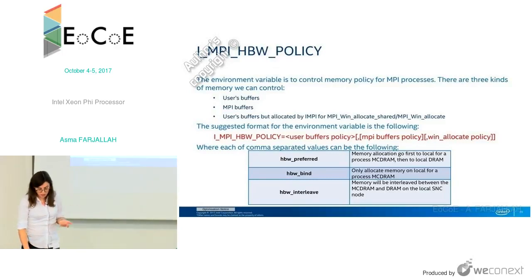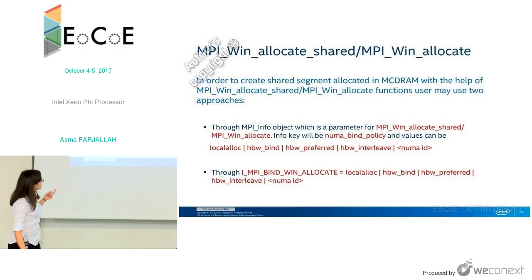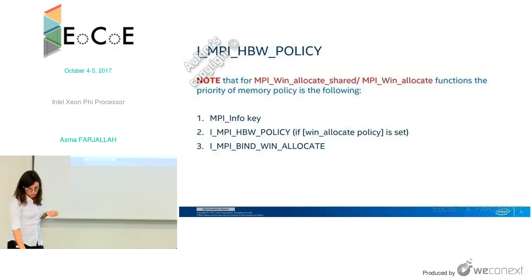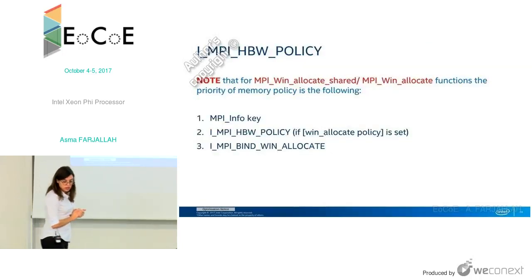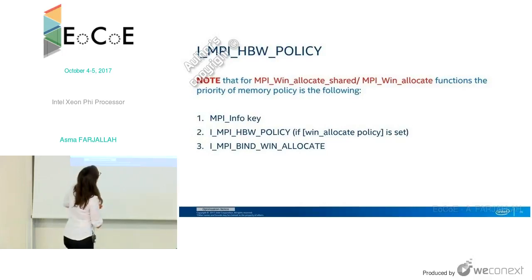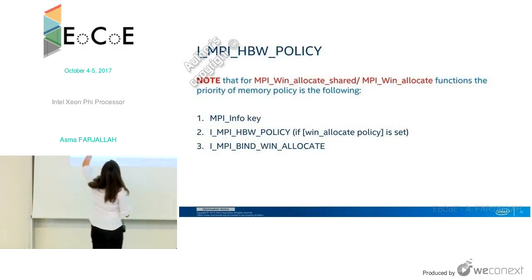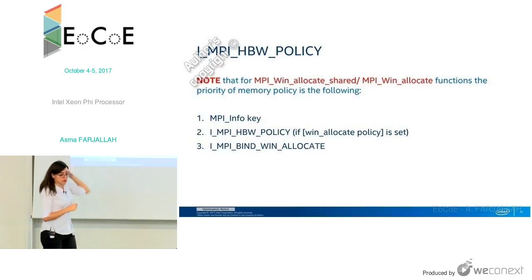For the other settings, it's exactly the same thing, and you will have all the info in the slide. In terms of policy, if you are using the functions, this is the order of priority: first your MPI info, then your MPI HBW policy, and then the bind of Win allocate.